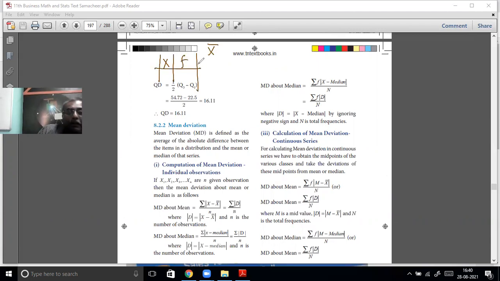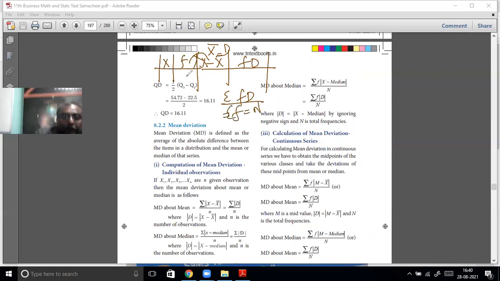Then from that you do x minus x bar, and that becomes d. Then you have to do fd, which means this into this, find sigma fd and then divide by sigma f.